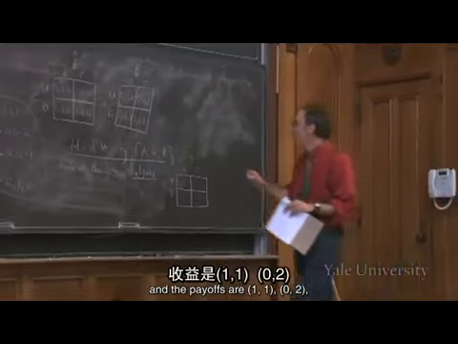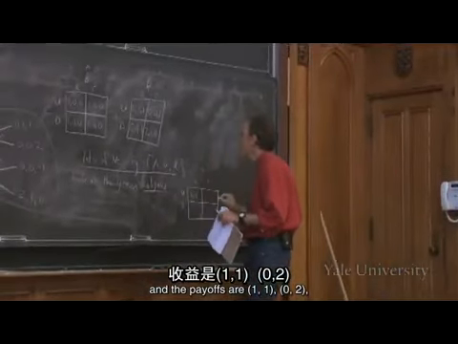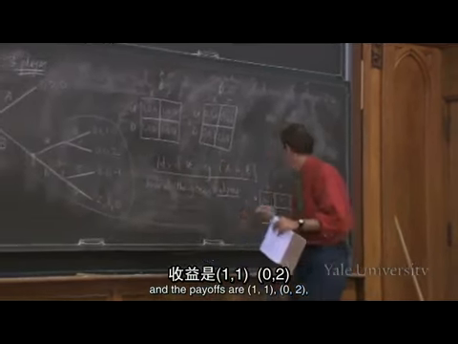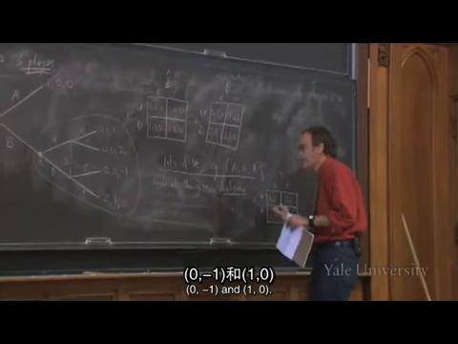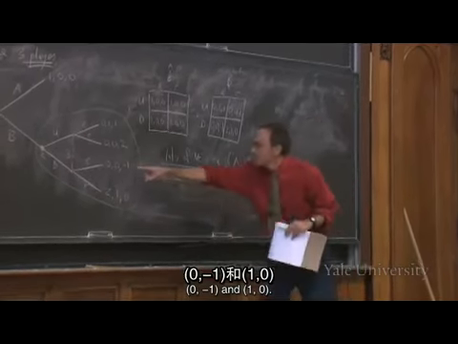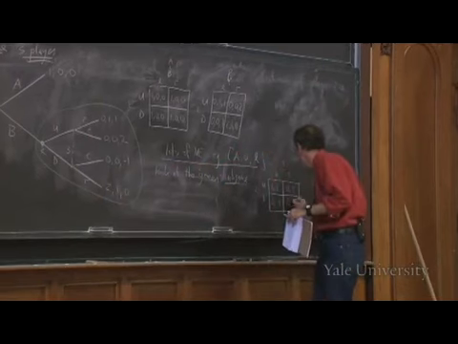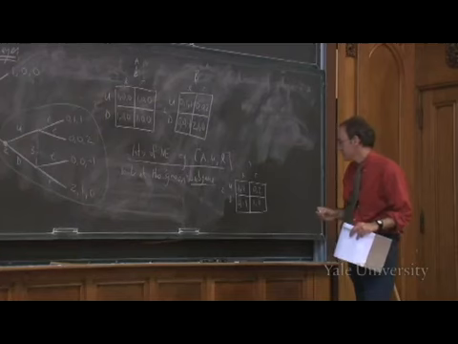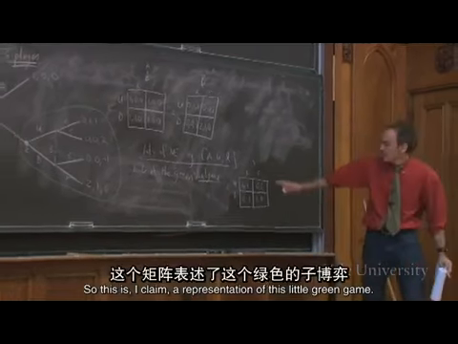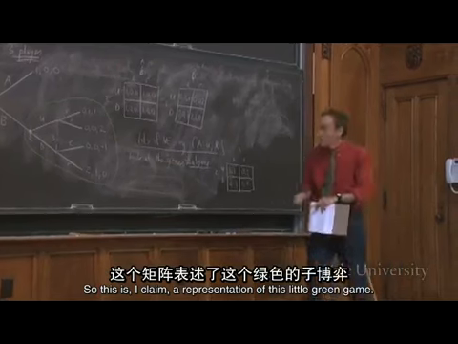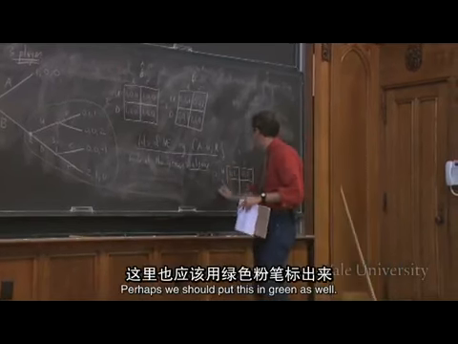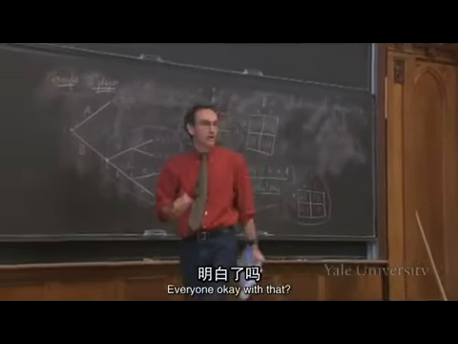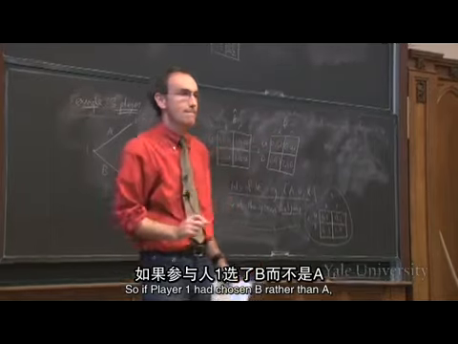And the payoffs are 1, 1, 0, 2, 0, minus 1, and 1, 0. So this is, I claim, a representation of this little green game. Perhaps we should put this in green as well. This thing corresponds to that thing. Everyone okay with that?